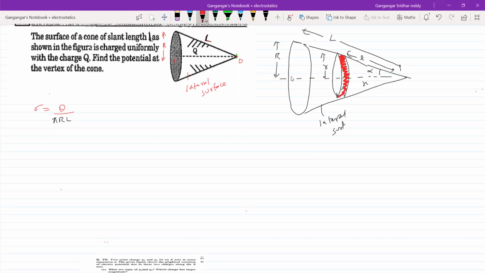This elemental charge we'll assume. So this is the elemental ring of radius r. First we'll define the charge on this one. Let it be dq.